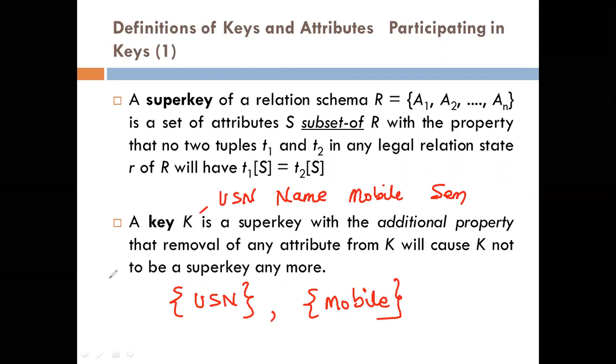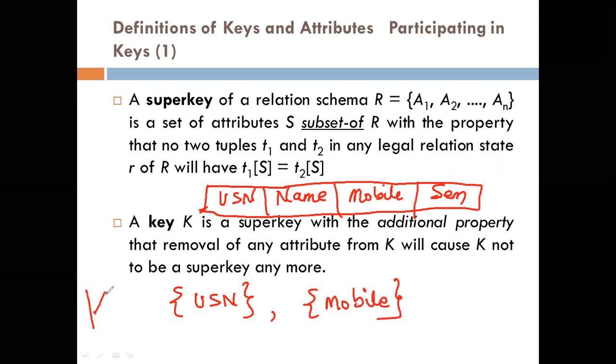For this particular table containing four attributes, our keys are these two. So this table has two keys, USN and mobile number.